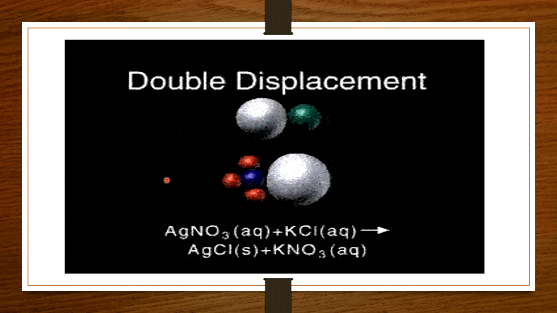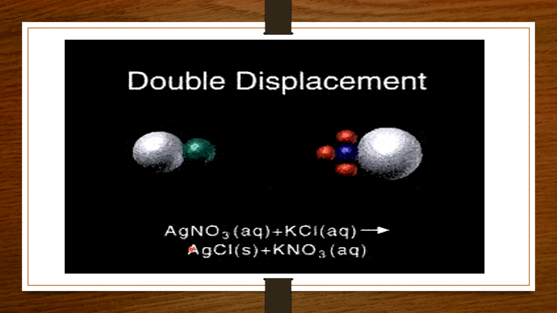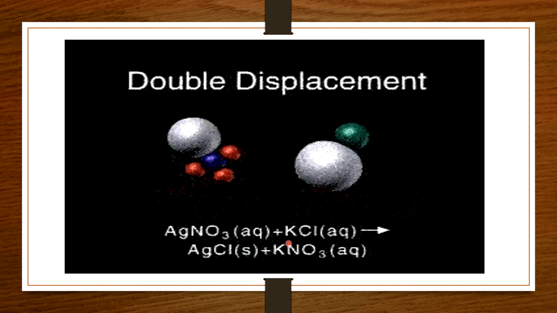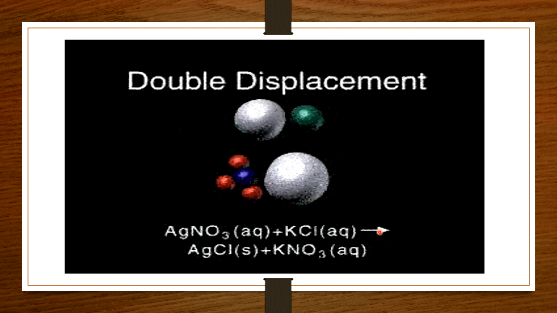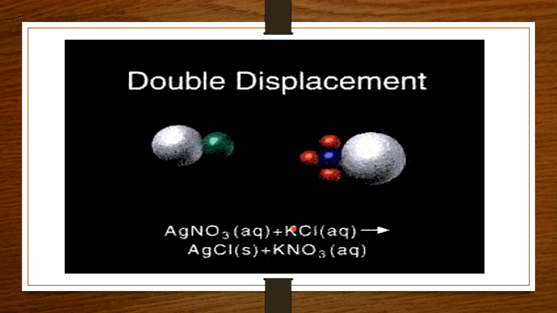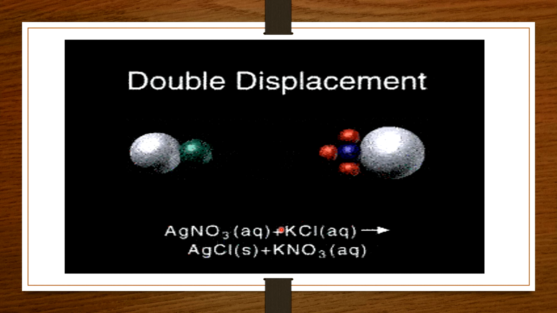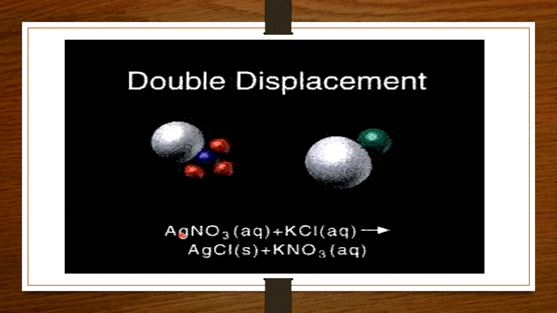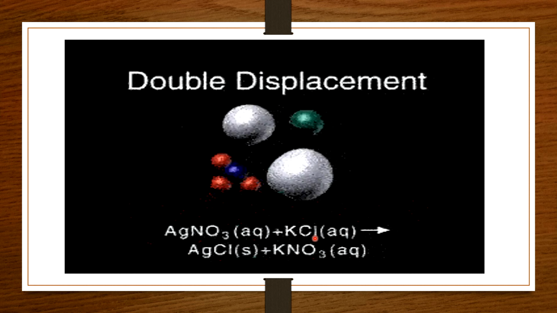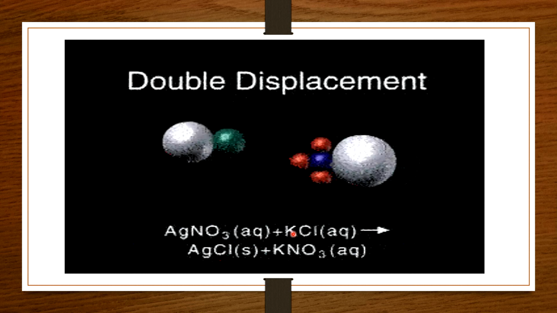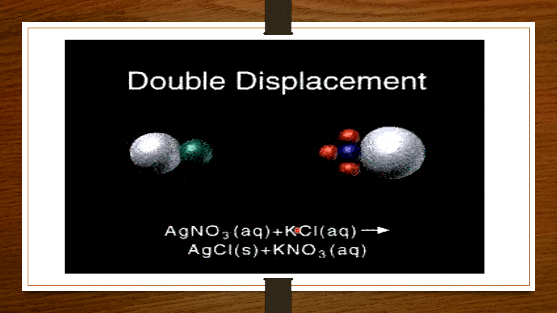Okay, in this figure you also observe that first AgNO3 aqueous solution plus potassium chloride is given. Okay, these are two reactants. So this AgNO3 and KCl, there is just an exchange of ions between these reactants.